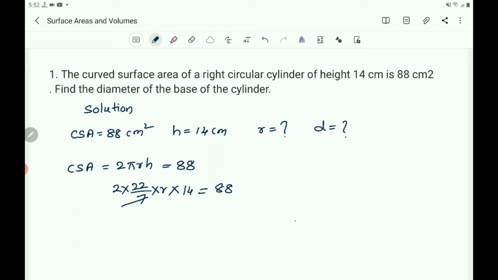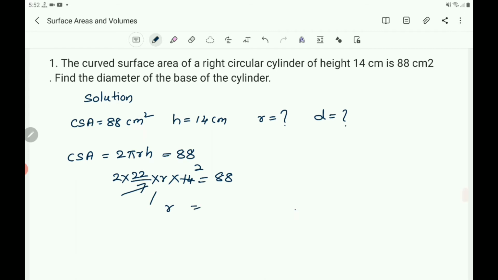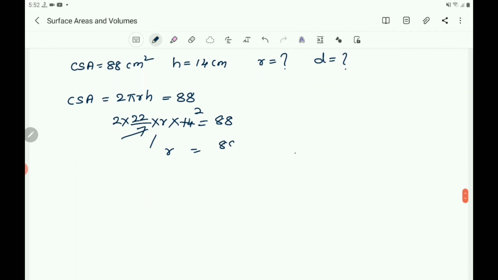Now you take 2 ones are 2, 2 twos are 4, then r equals 88. You shift this to the RHS, that comes to the numerator, 2 into 22 into 2. Then you know that 2 ones are 2, 44s are 88, again 22 ones are 22, 2 twos are 44, cancels.